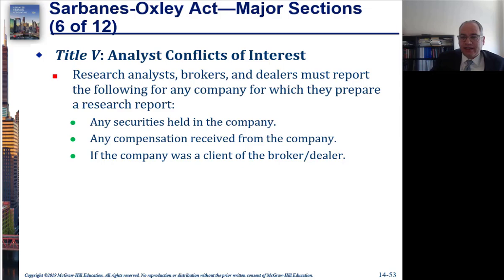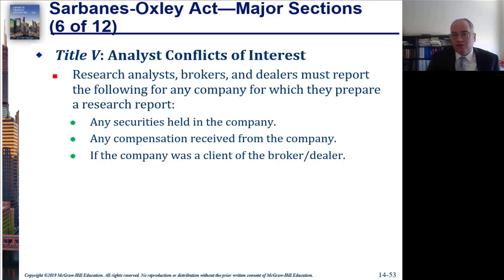Title V dealt with analysts. The problem here was that analysts were being pressured to issue positive reports about certain investments. And if they didn't, they could be fired, or the company they work for could lose a client. So there was a huge problem here because the one analyst who said something bad about Enron before it went under got fired.